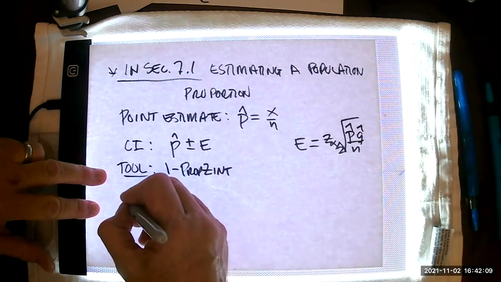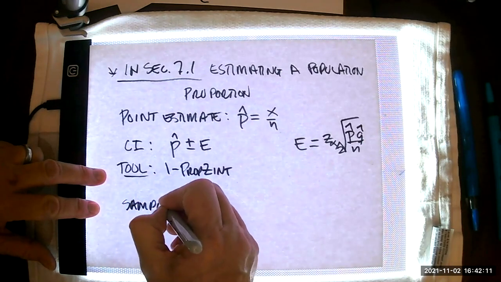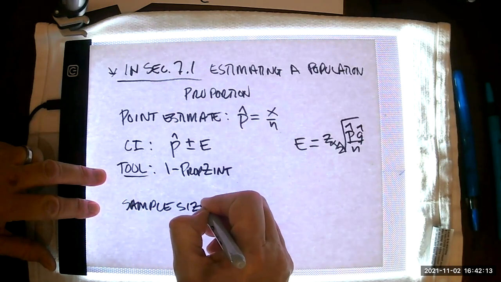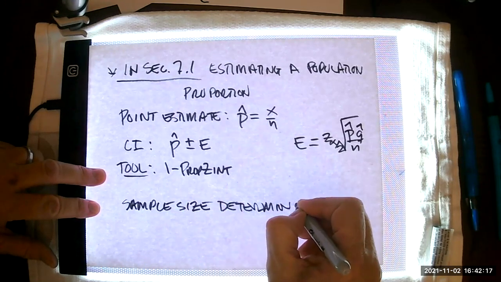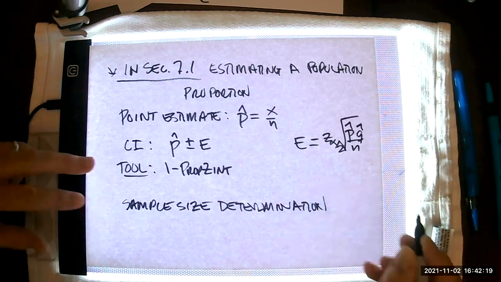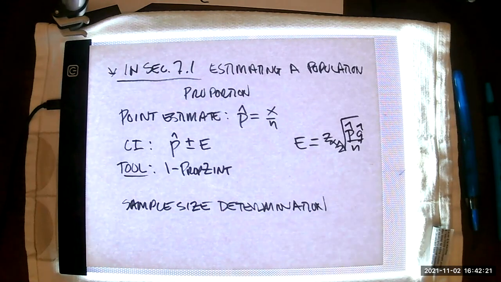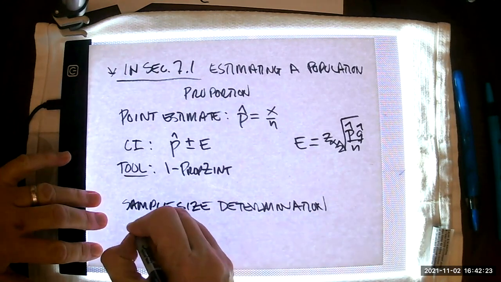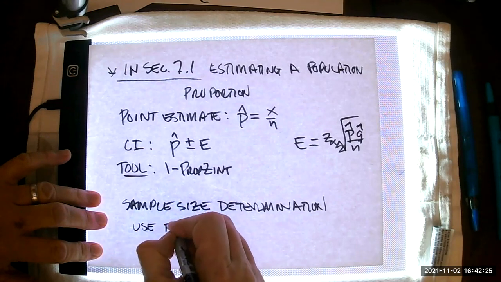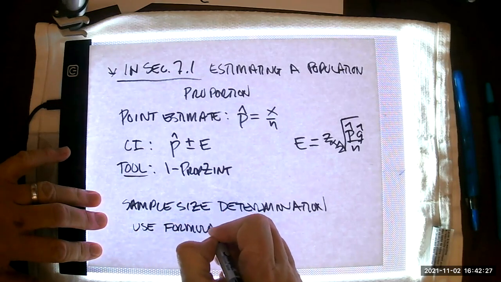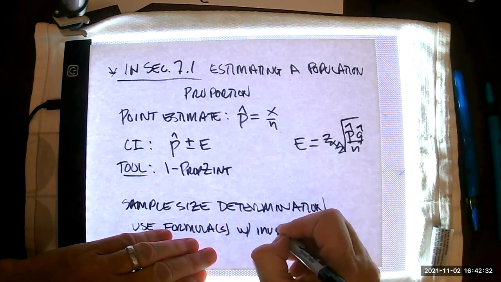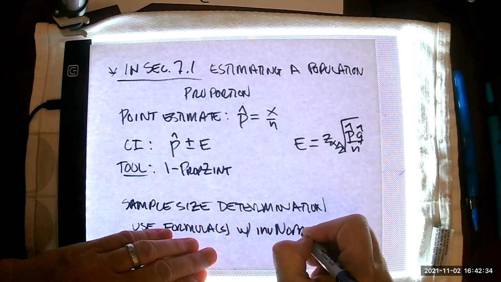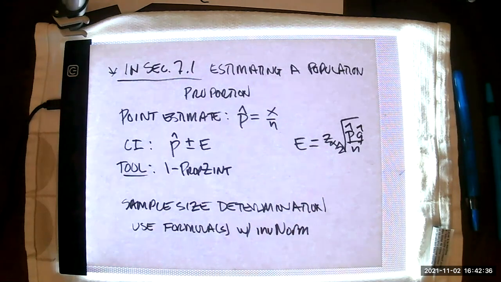The other thing that we did was sample size determination. You just saw the formulas, so I'm not going to write them down again, but you're going to have to use the formulas with that inverse norm tool to find the critical values for the formula.